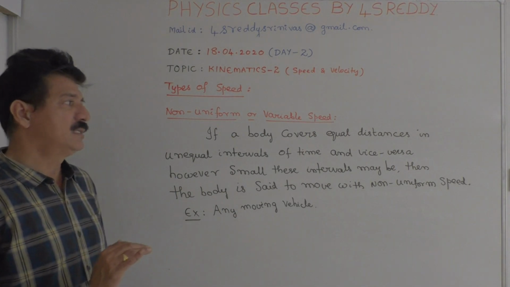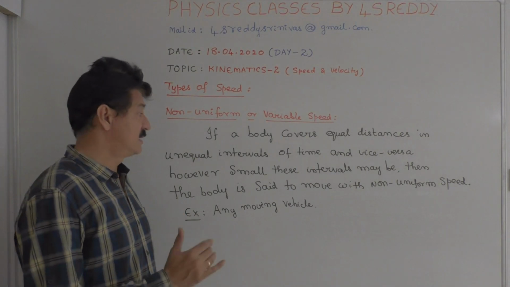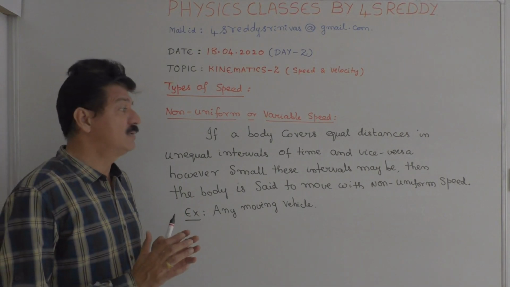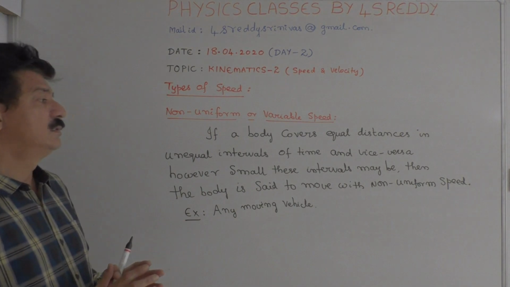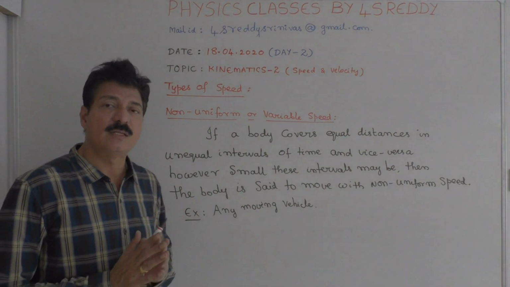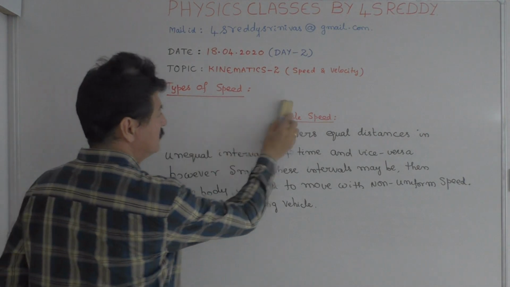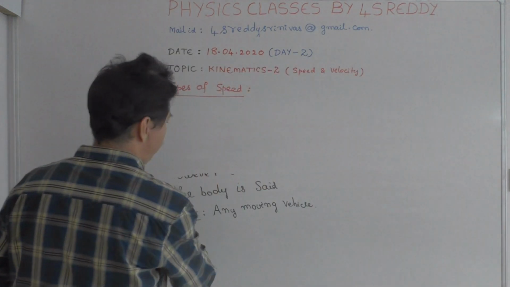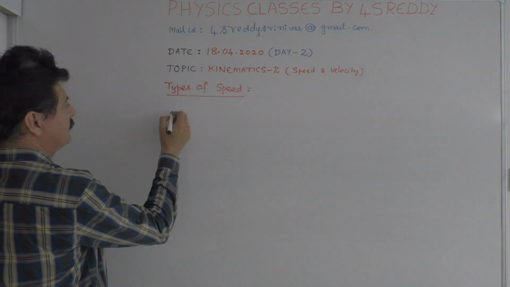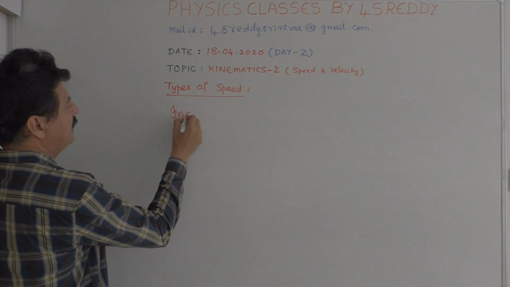Here non-uniform means either the distance is different or the time intervals are different. It's very simple. And now come to the other one, that is the third one, instantaneous.